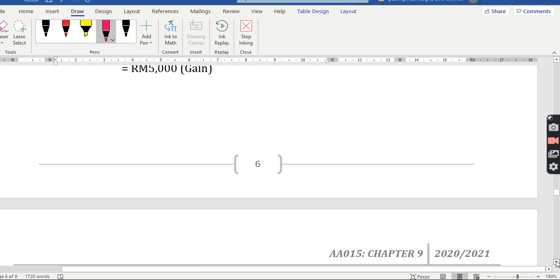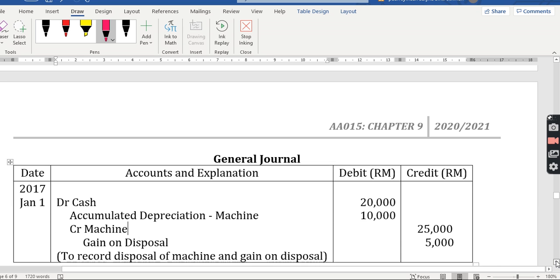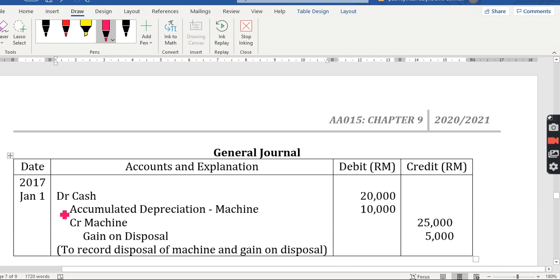That is why we debit accumulated depreciation of the machine with 10,000 ringgit, and we credit machine with 25,000 ringgit. And this is the cash that you receive.